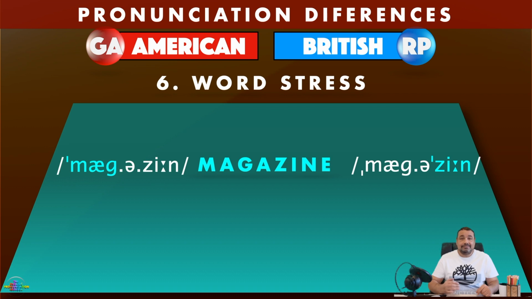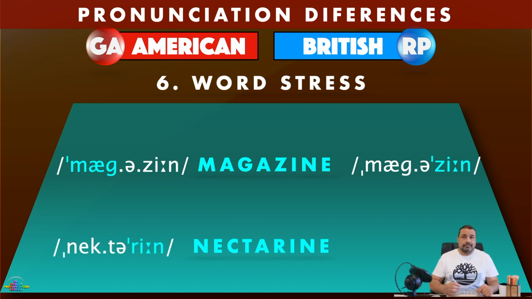The second example is stressed on the last syllable in America, "nectarine," but on the first one in British.